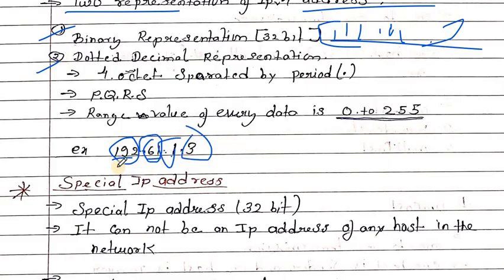So 4 times 8 gives 32 bits. For 8 bits, the range is from 0 to 255. With the help of 8 bits, we can represent the numbers 0 to 255.